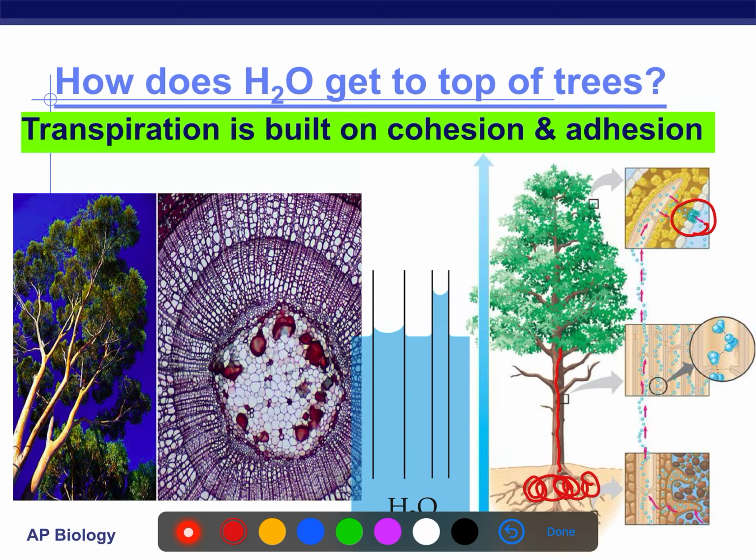The reason why water is able to travel all the way up to the very tops of the trees and to the leaves is because of that adhesion and cohesion in the xylem and phloem of the tree trunk.